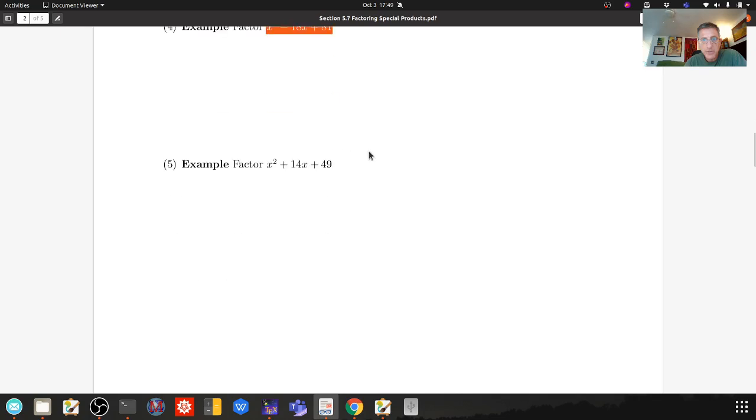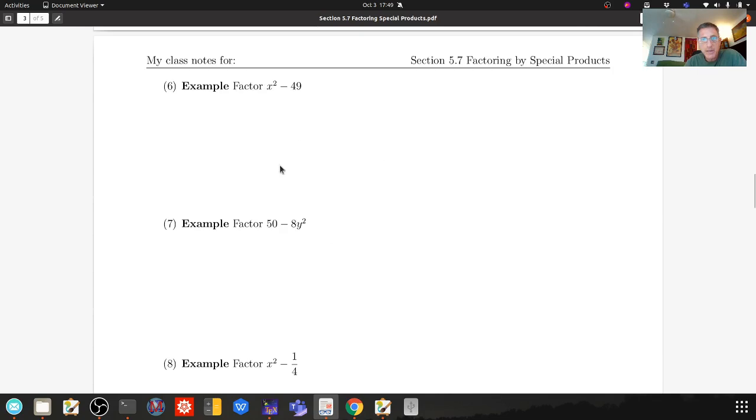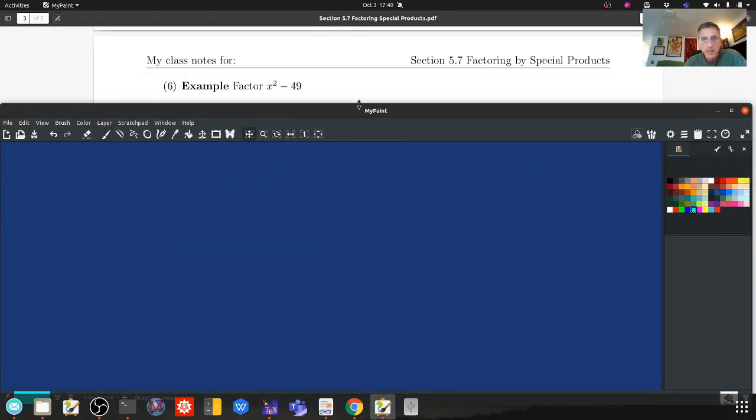Now suddenly we only have 2 terms separated by a minus. So when we have 2 terms separated by a minus, we've got a different rule. I've got 2 terms, so the only possibility this could be is the difference of perfect squares.